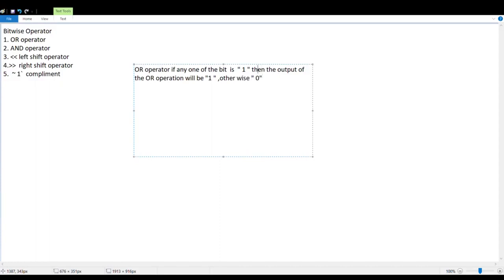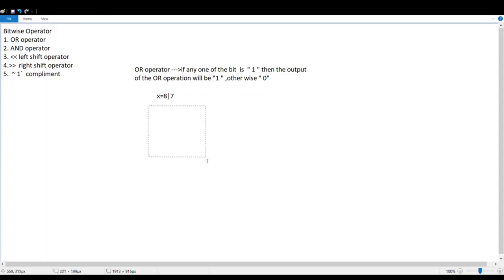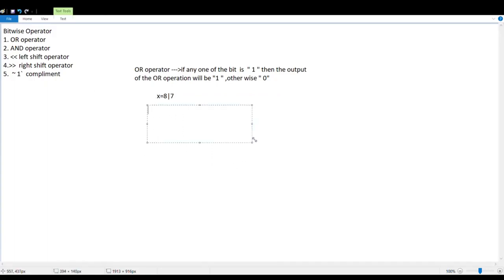Let's take one example. X is equal to 8 OR 7. How do we represent 8 in the binary number system? As 1 0 0 0 and 7 as 0 1 1 1.